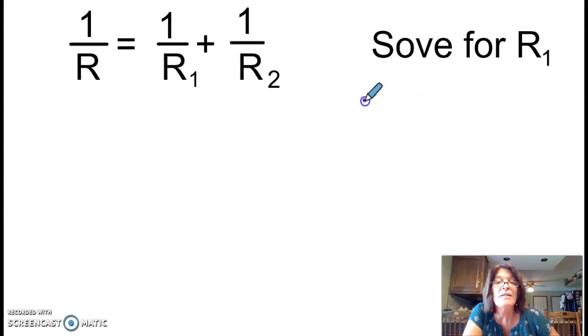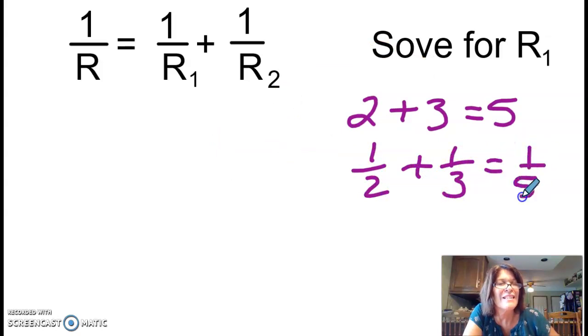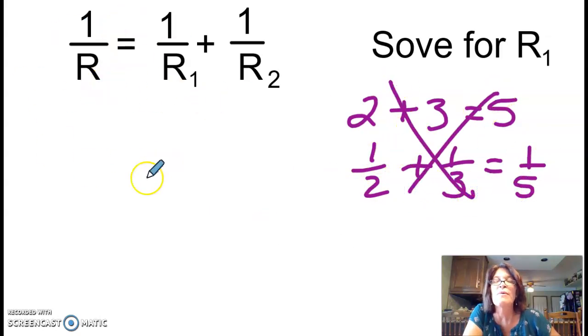For example, I know that 2 plus 3 equals 5. That is the truth. That doesn't mean 1/2 plus a third is a fifth. No. You can't just flip things around. So what we're going to do is get a common denominator.